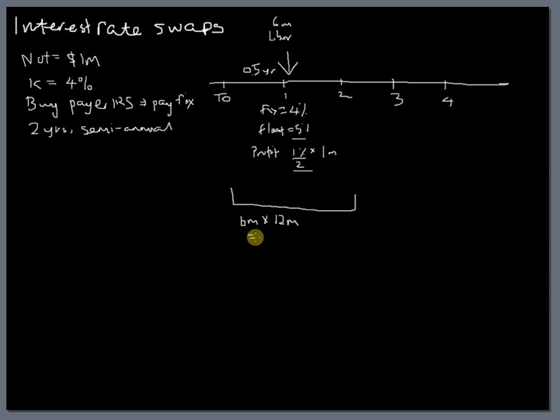If you recall, this will be equal to the zero coupon bond as at the first period minus 1 plus 0.5 times the fixed rate 4%, multiplied by the zero coupon value as at year 1. This is the value of the FRA for this first period.